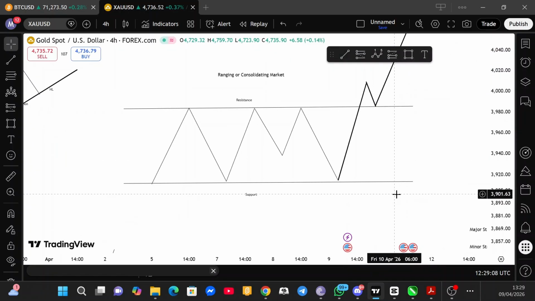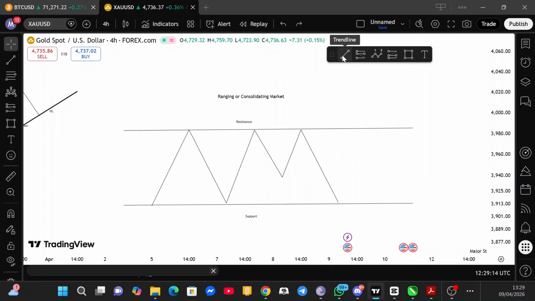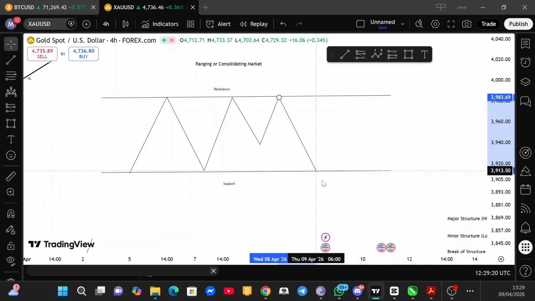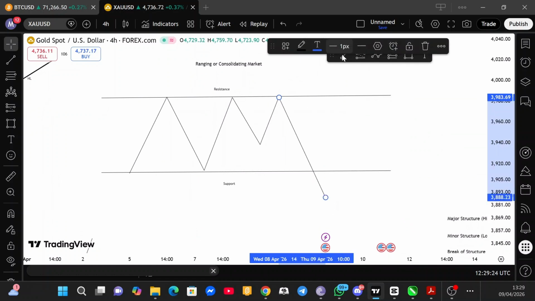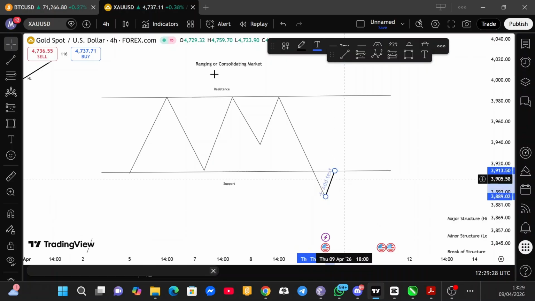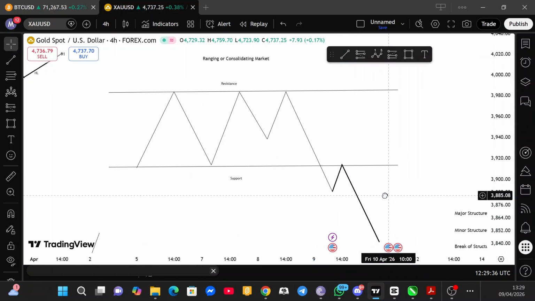While some will wait for the market to break out below. So whether it breaks out above or below, if it breaks out to the downside, then they wait for it to come and retest the support level, and then with clear confirmation, they open a sell position to the downside.